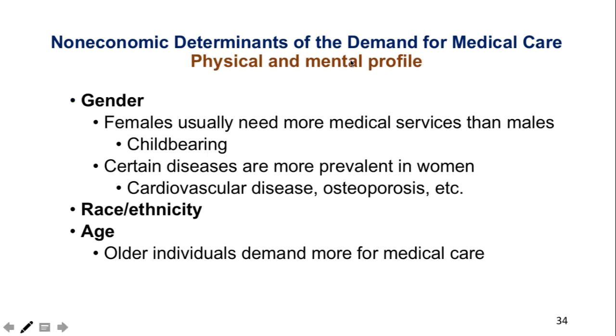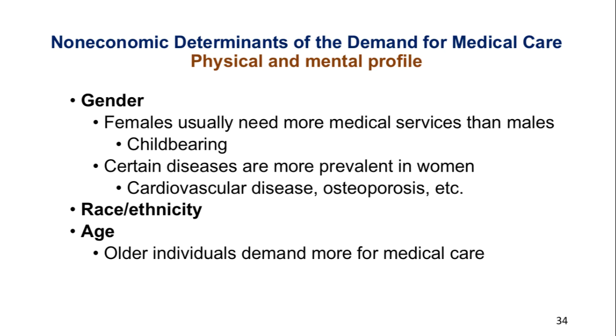Other non-economic determinants include gender. Females usually need more medical services than males, probably because of childbearing, and there are certain diseases that are more prevalent among women, such as cardiovascular disease and osteoporosis.